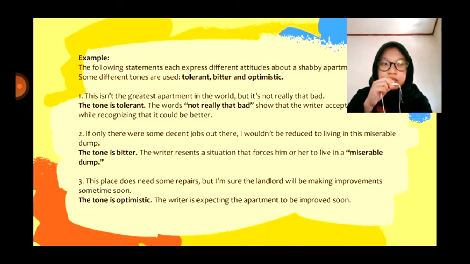Dan untuk yang contoh kalimat terakhir yaitu this place does need some repairs, but I'm sure the landlord will be making improvement sometime soon. Dan the tone atau nadanya di sini optimistik karena penulis mengharapkan apartemen ini segera diperbaiki.